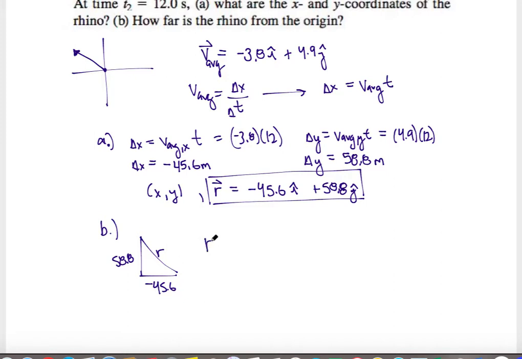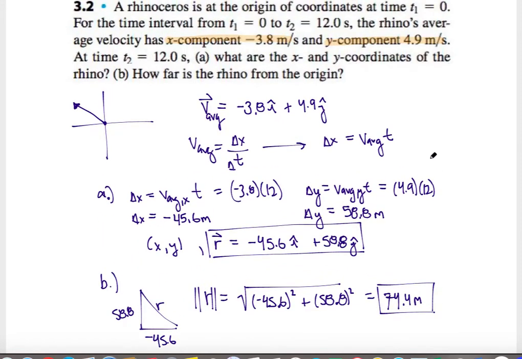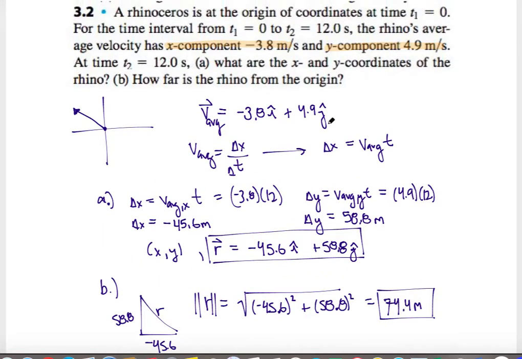The magnitude of this distance is going to be the square root of negative 45.6 squared plus the square of 58.8, which, if I throw this in my calculator, gives me a distance of 74.4 meters. So it's a very simple start off to dealing with two-dimensional motion.